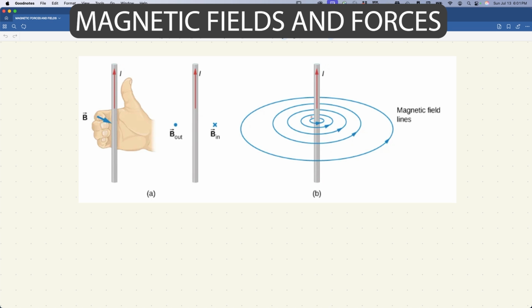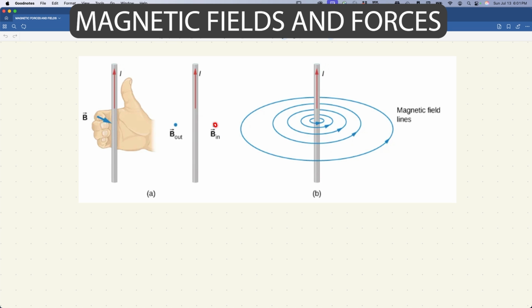Now that's a 3D picture, but if you are asked to find what's the magnetic field at this point to the left of the conductor, you have to say it's perpendicular to this page and out of it. This is represented by a dot. So whenever you see a magnetic field represented by a dot, that means it's coming out of the page.